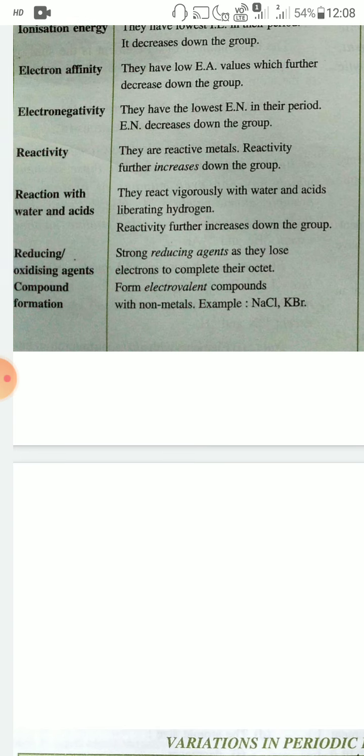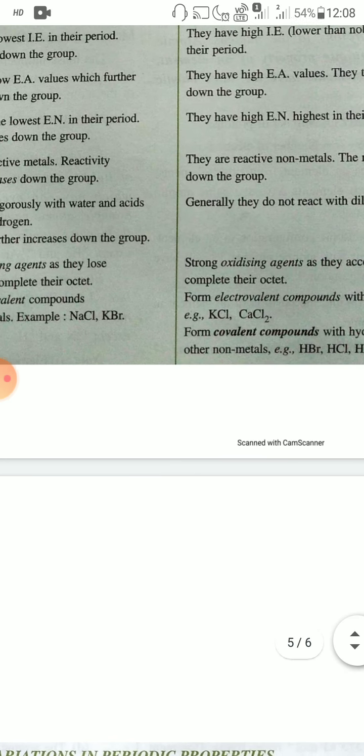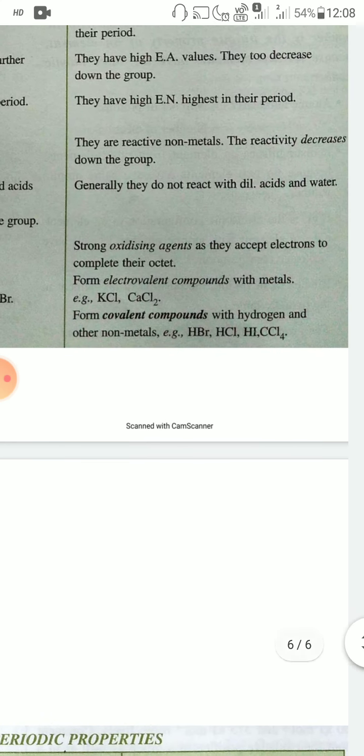Reaction with water and acid: alkali metals react vigorously with water and acid, liberating hydrogen gas, and reactivity further increases down the group. Halogens generally do not react with dilute acid and water.